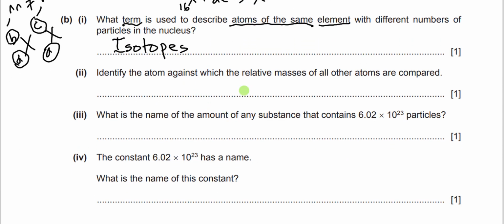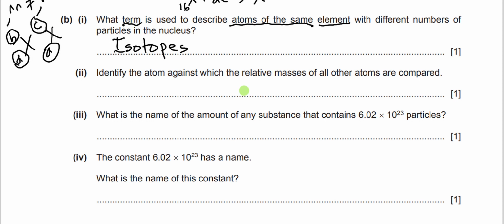Identify the atom against which the relative masses of all other atoms are compared. Now, which element is always used as a reference when defining or measuring the relative atomic masses of other elements? That element is carbon. Fine. I know that carbon has isotopes.